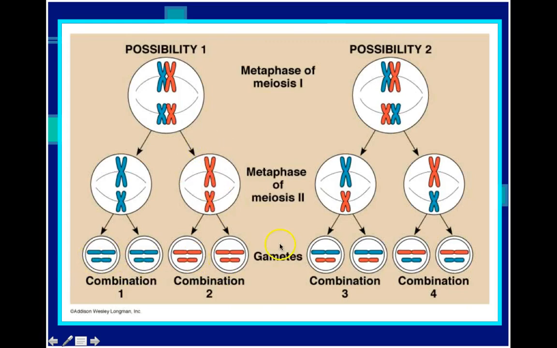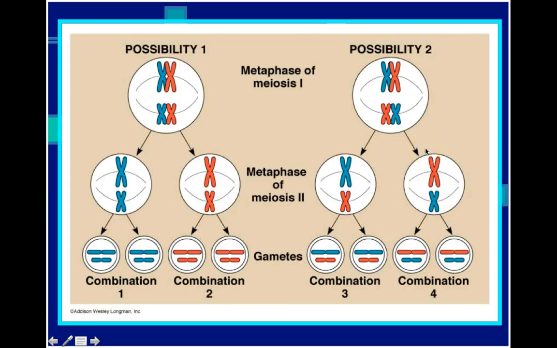Nice and simple. Again, this is not even taking into consideration crossing over. This is just talking about where they're actually lined up. But here they could also line up opposite, where you have mom, dad, mom, dad, right? And therefore now you have even more shuffling of genes.